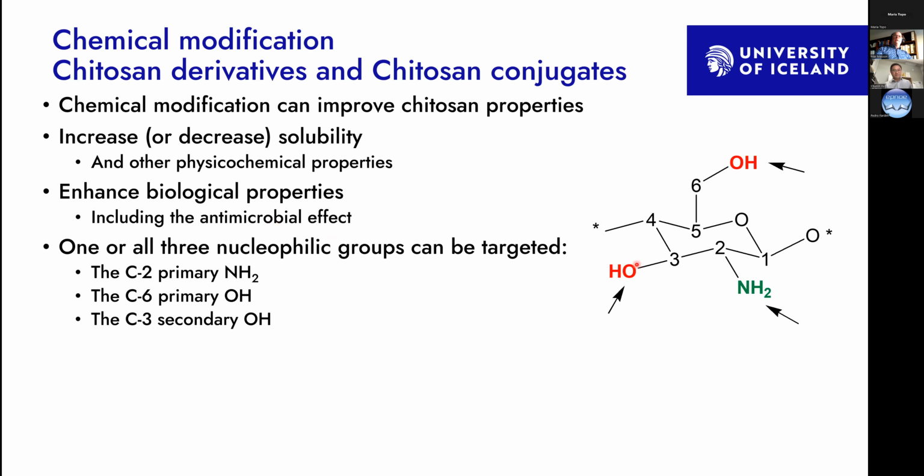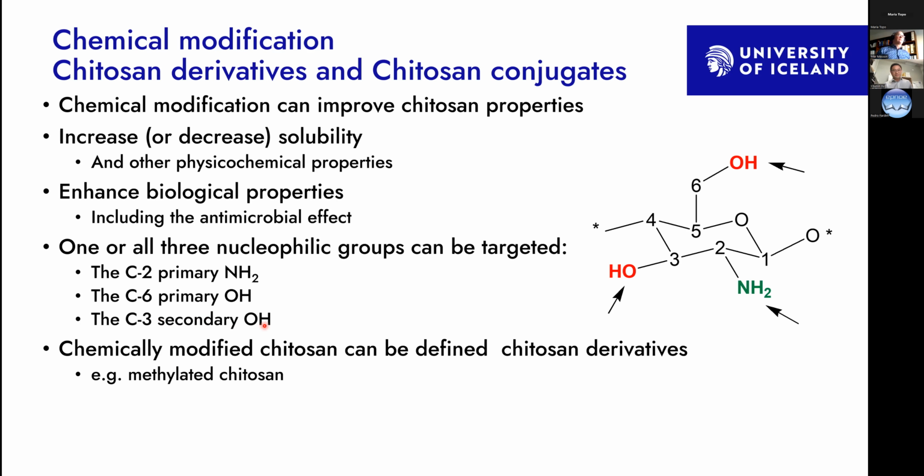And when you do this modification, we have to think about the glucosamine monomer, and there are 3 nucleophilic groups here, and usually you do the modification on one or all of these groups. The primary amino group, which is under some conditions the most nucleophilic. The second most nucleophilic is the C6 hydroxyl group, and then you have the secondary hydroxyl group.